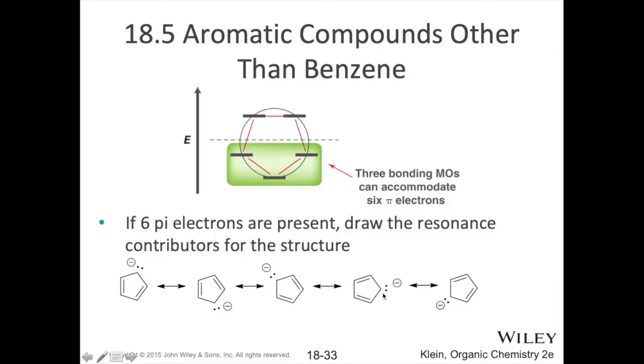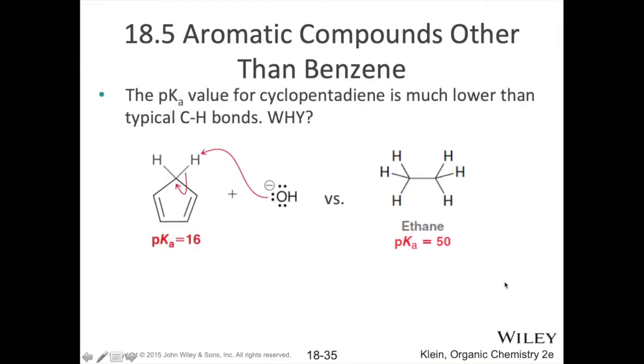It's moved from carbon to carbon accordingly. This actually has some interesting effects when it comes to acidity. Okay, and you'll see in the case of some other aromatic compounds, even basicity is also affected. I'll come to that in a second when we talk a little bit about heterocyclic aromatic compounds.